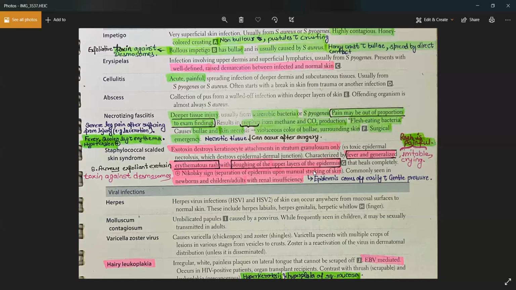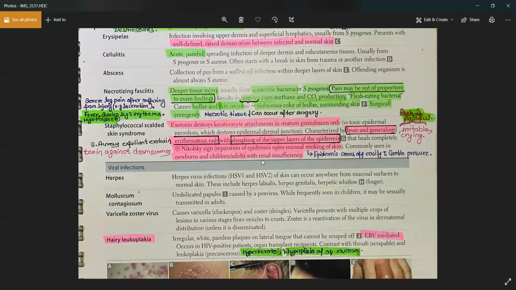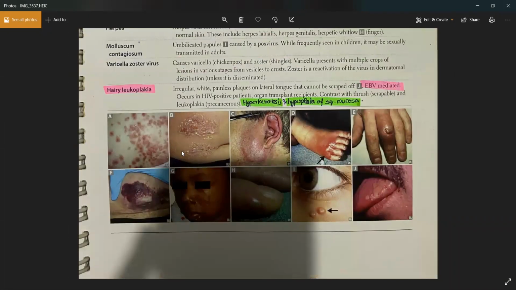So the epidermis will come off very easily with gentle pressure, which you will see in Staphylococcus aureus scalded skin syndrome. As you can see here, this is how it looks. If you gently press over these areas, the skin will be sloughed off, and this shows the positive Nikolsky sign. And when the infection is over, the patient will get complete regeneration of the skin with no scar.